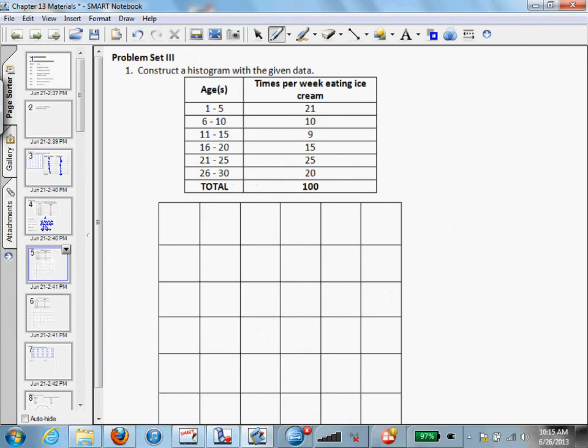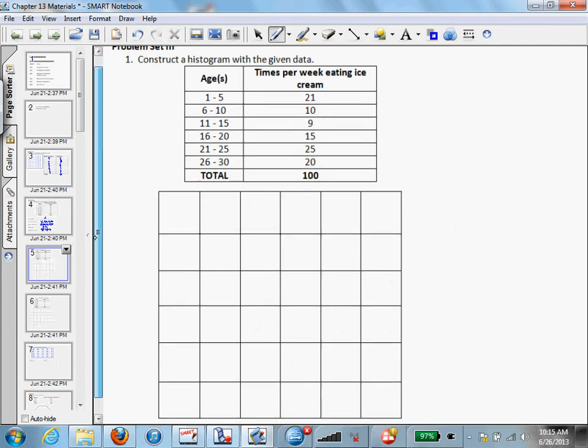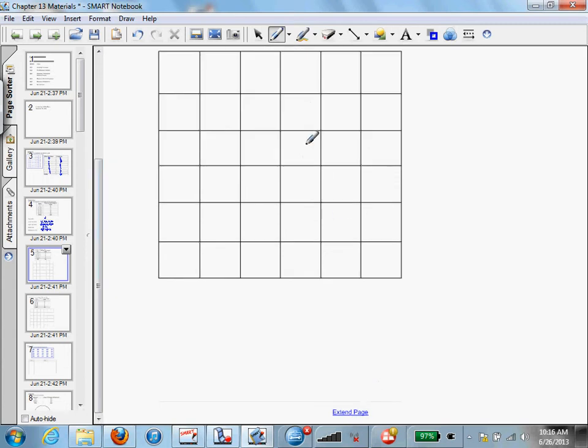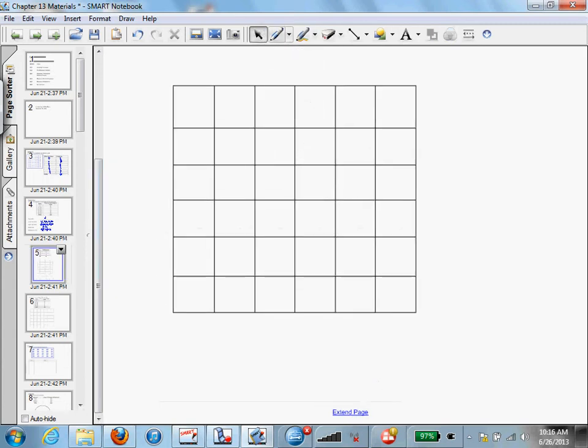Okay, so problem set 3 may ask you to build a histogram with the given information. What I would recommend doing is first giving your chart a title. I would say ice cream eating weekly.